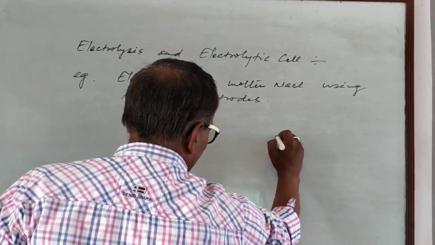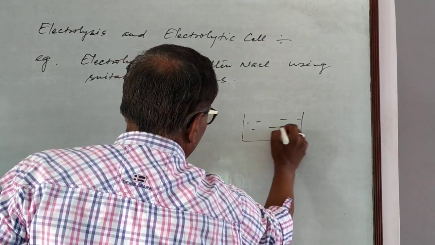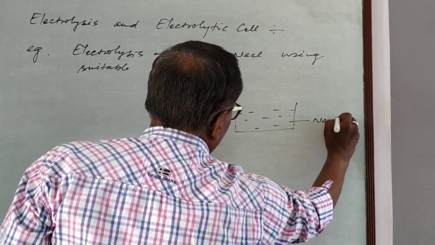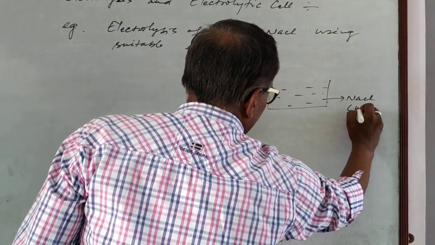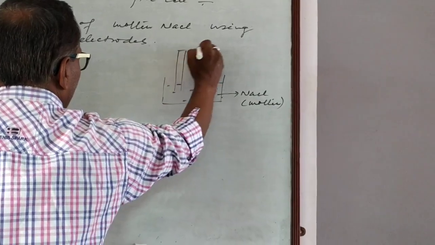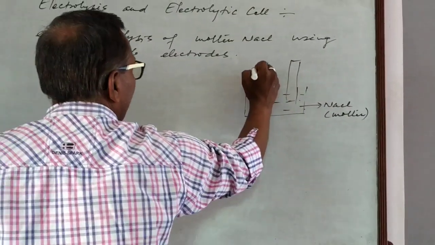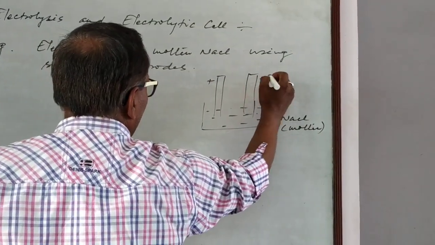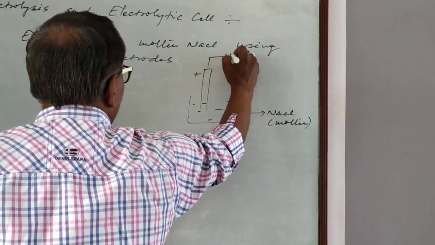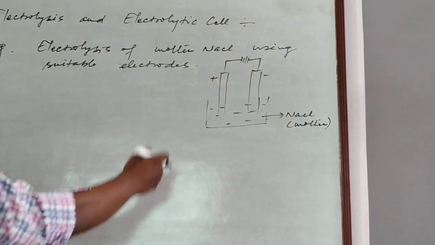For this we draw a simple figure. This is a vessel containing molten NaCl and two electrodes, one anode and one cathode. Here is anode, here is cathode, joined with a battery or cell.